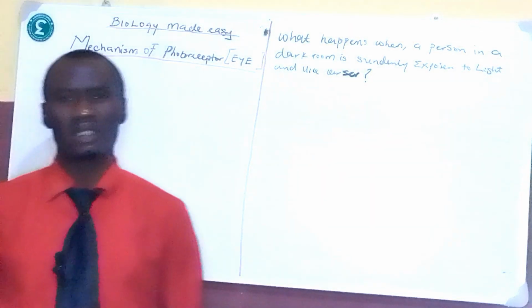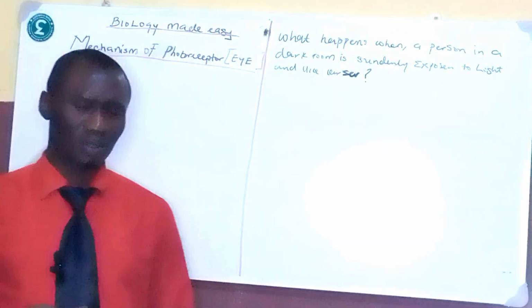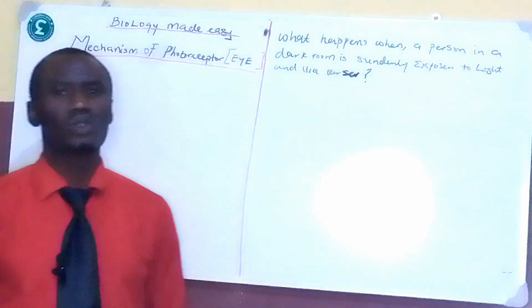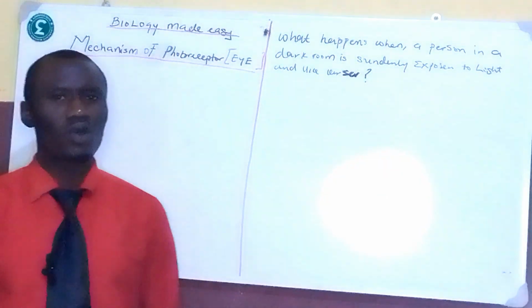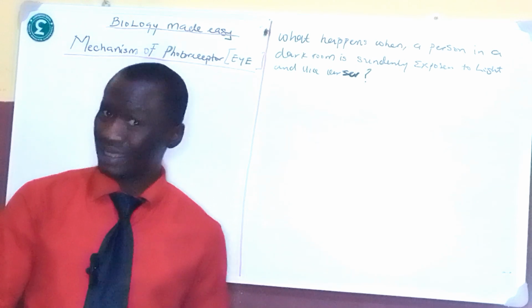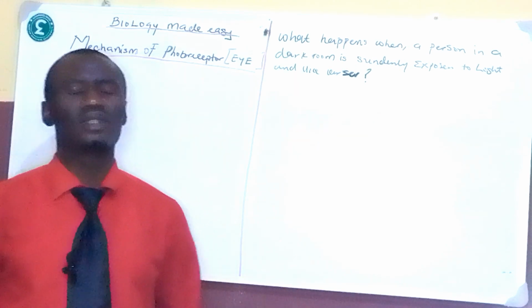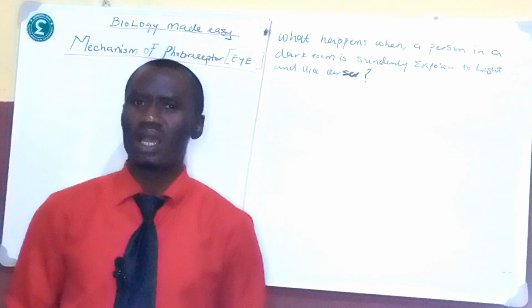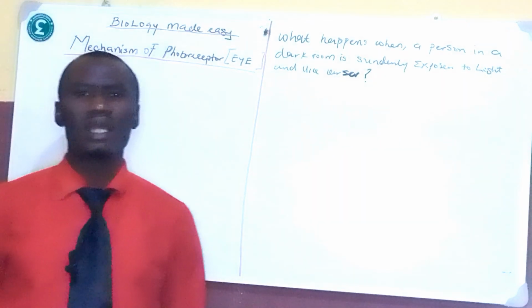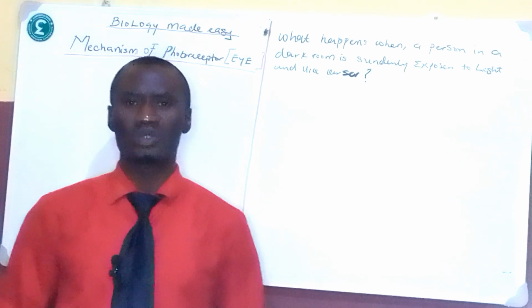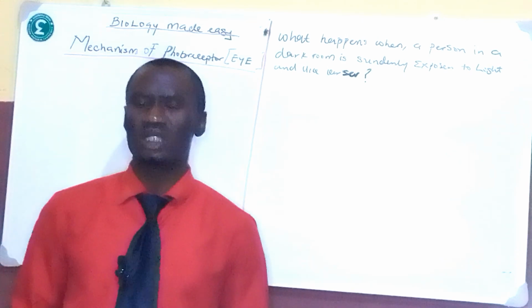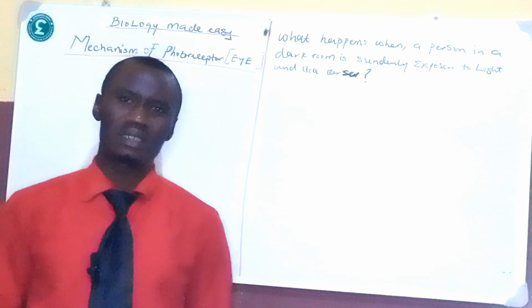This reflected object or image is converted to what is known as an electrical impulse, which is formed at the retina, which is also called the photoreceptors. This impulse is transferred to the optic nerves, and then from the optic nerves to the brain, where the image is properly interpreted.